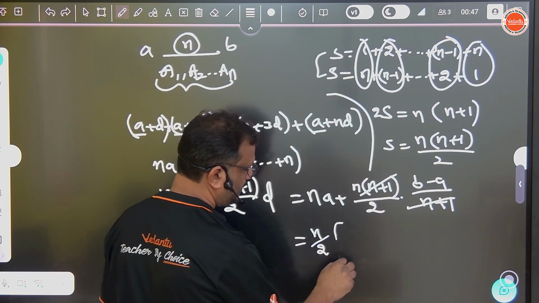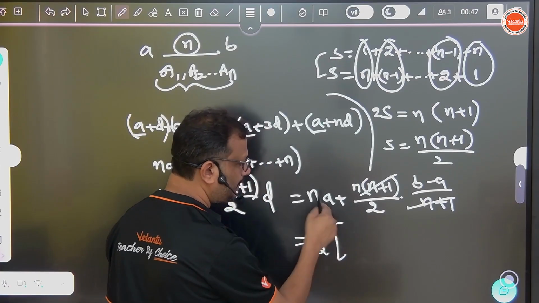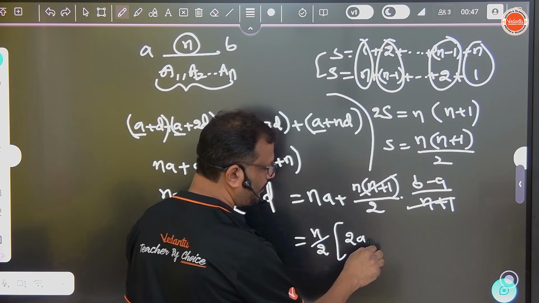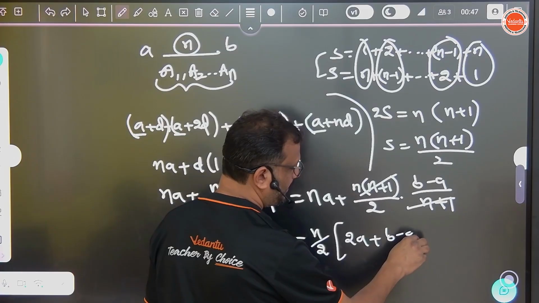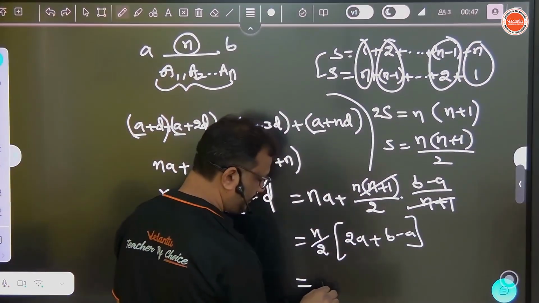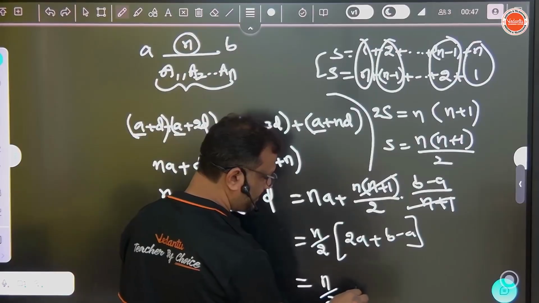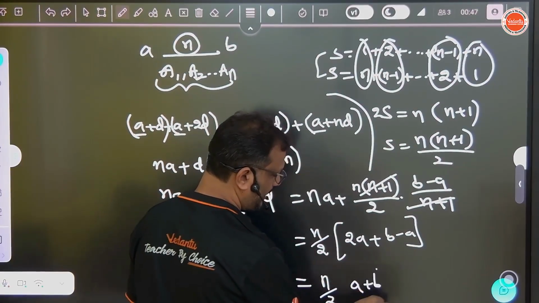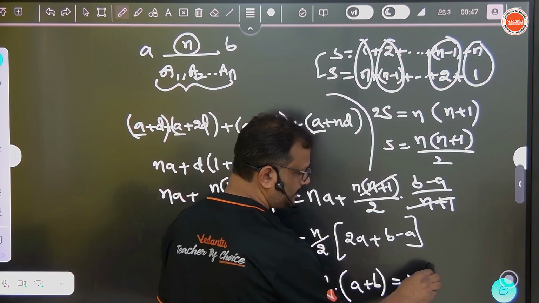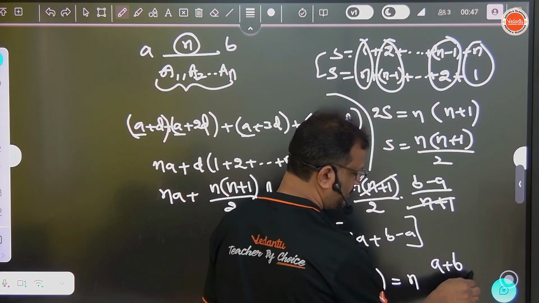Take n by 2 common. Then you will get 2a plus b minus a. So therefore, n by 2 times of a plus b. Can we write this as n times of a plus b by 2?